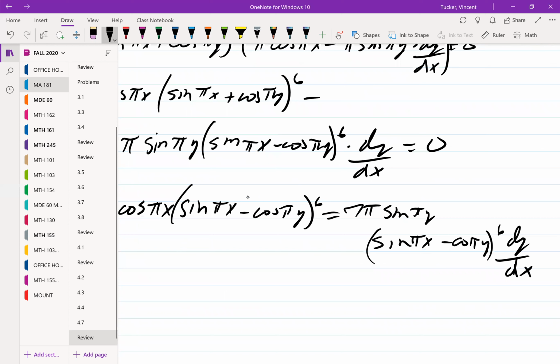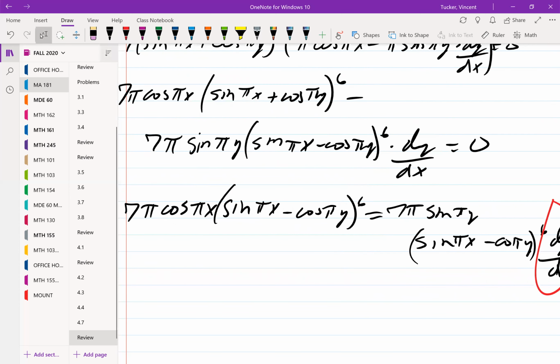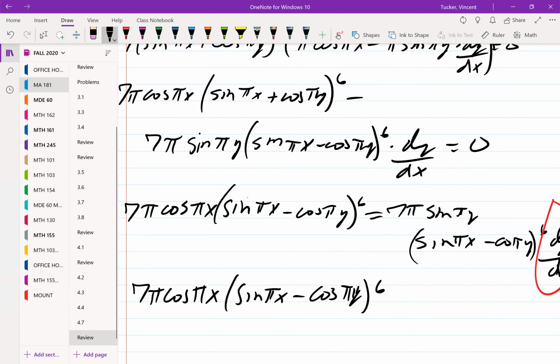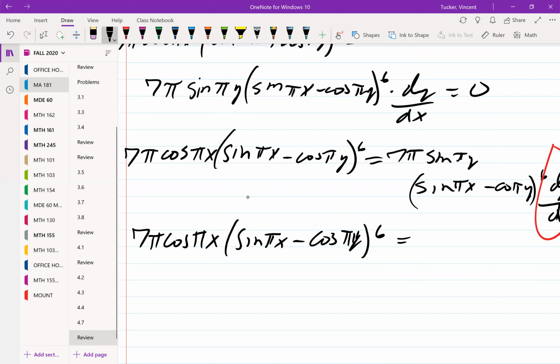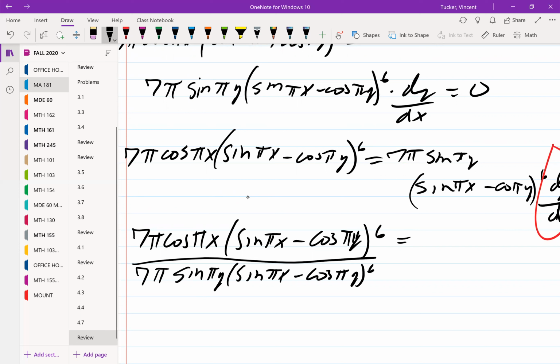All right, so now I need to divide both sides by this quantity so that I can have dy dx by itself. So I have 7 pi cosine pi x sine pi x plus cosine pi y raised to the 6 over 7 pi sine pi y sine pi x minus cosine pi y to the 6 equal to dy dx.